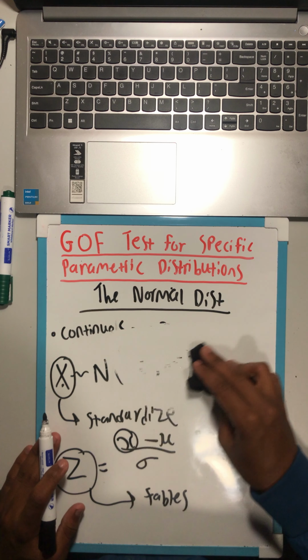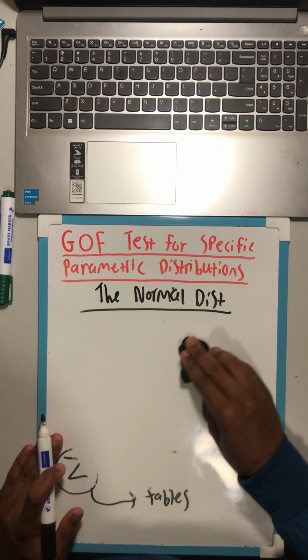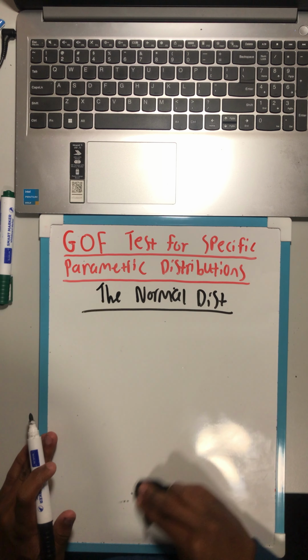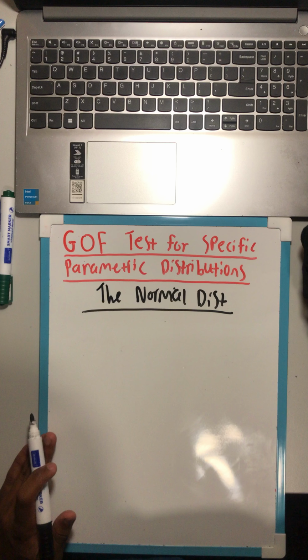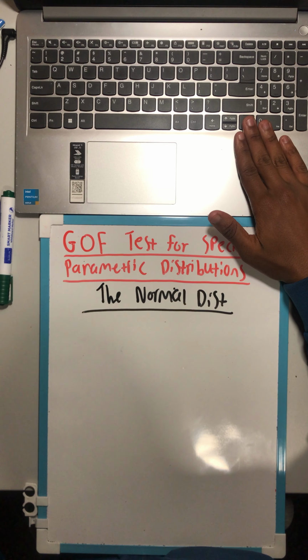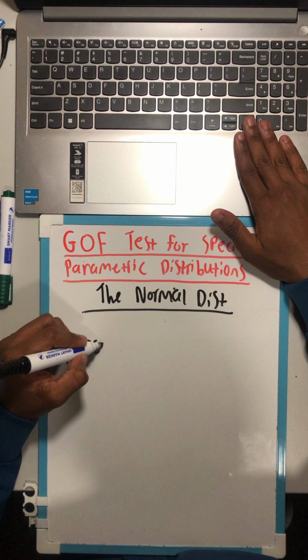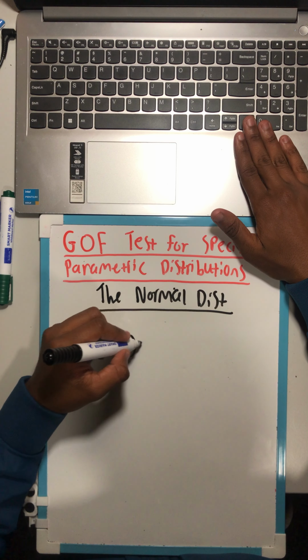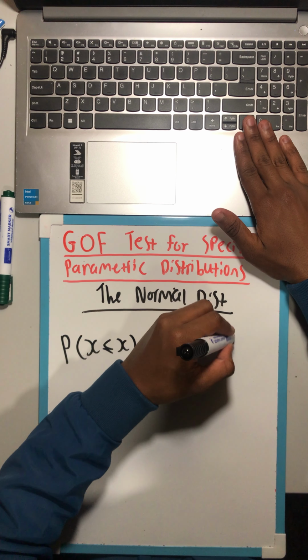Something else you should know is that the normal and standard normal distributions are symmetric about their mean. Since it is a continuous normal distribution, the probability that x is less than or equal to x is the same as the probability that x is less than x.